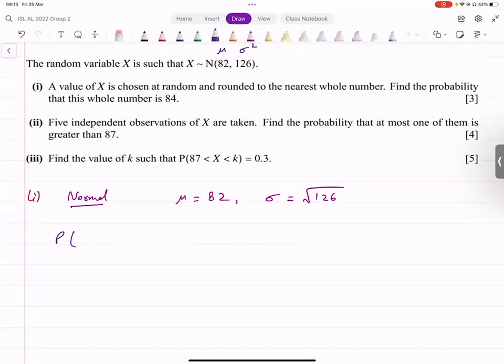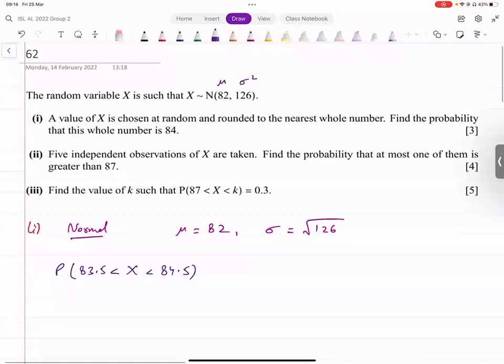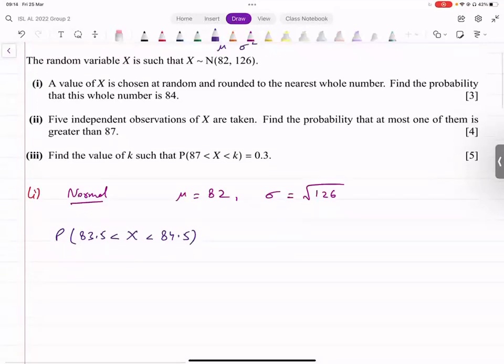So we are basically looking for the probability that x is between 83.5 and 84.5. इन दोनों के दरमियान में होने की probability हमें figure out करनी है. ठीक है? Because इनके दरमियान में कोई भी number होएगा वो 84 पे round off होएगा. Continuous distribution में remember it doesn't matter whether we include an equality sign.